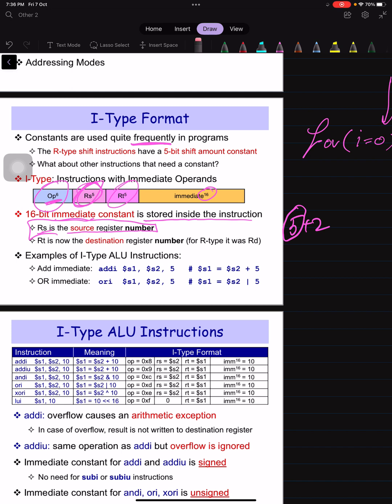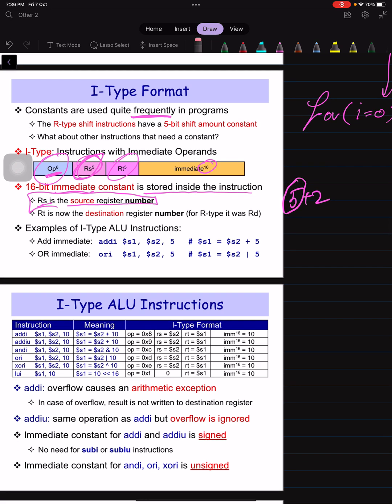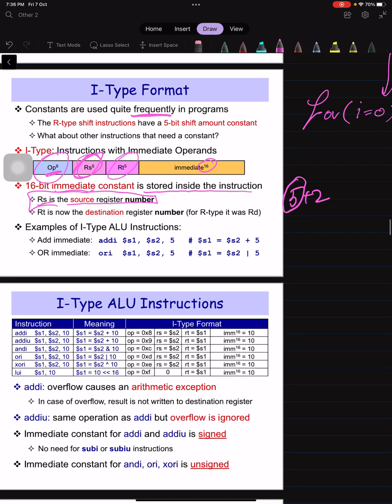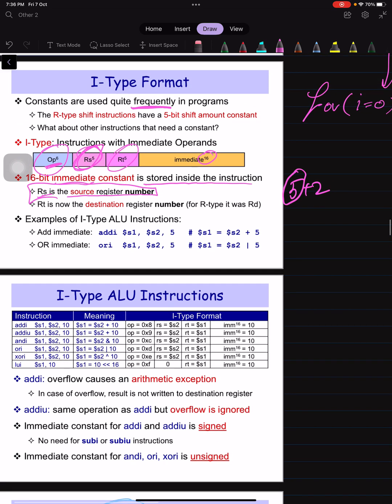The pointer means whichever register I saved the 5 in. It's not the 5 itself, it is the register where I have the 5. As we already know, rs and rt are nothing but sources. They are not the actual number, they are the sources where I store the actual number.